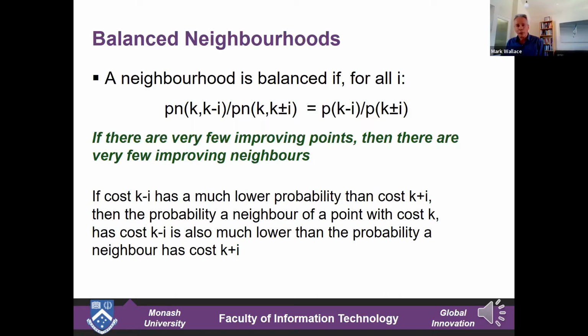So if there are very few improving points in the search space as a whole, then there are likely to be very few improving neighbours. Spelling that out, if cost K minus I has much lower probability than cost K plus I, then the probability that a neighbour of a point with cost K has cost K minus I is also much lower than the probability that a neighbour has cost K plus I.